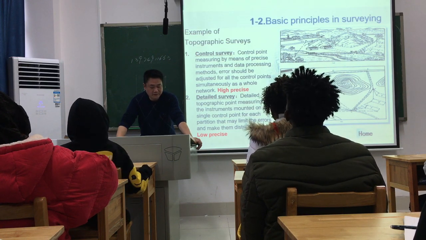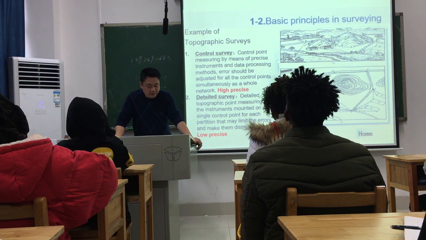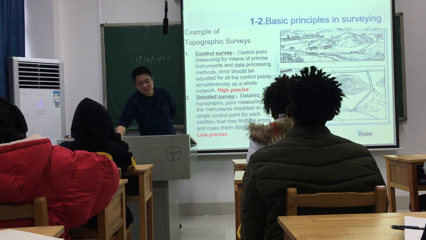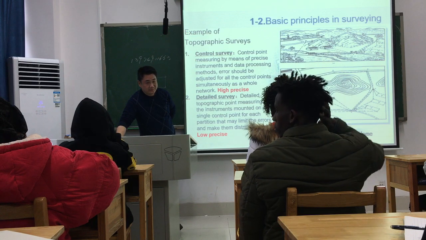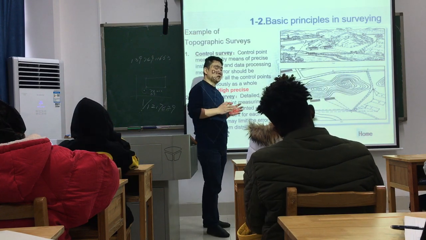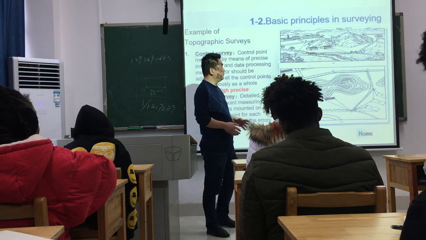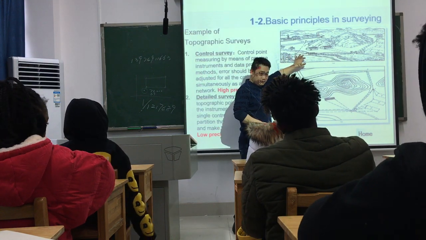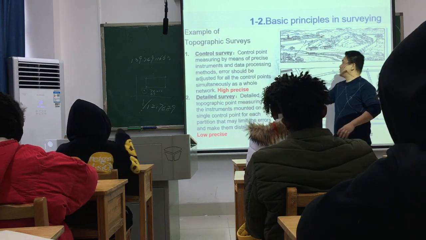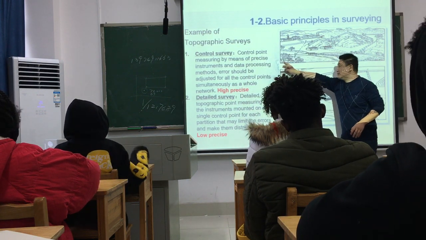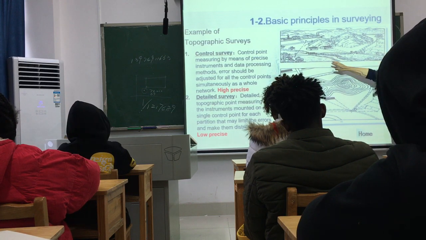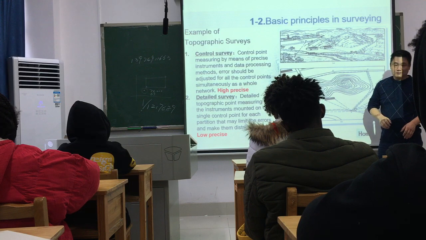Detailed survey. In this picture, we say here we have some buildings. If we want to do survey to get a topographic map for this area, you cannot use the instrument from this corner and then just from this corner to this corner directly. Why?